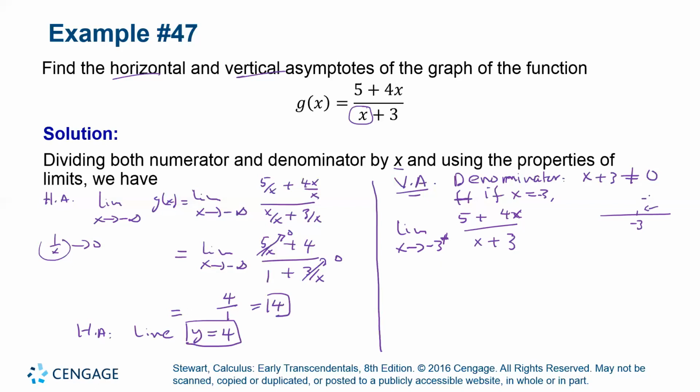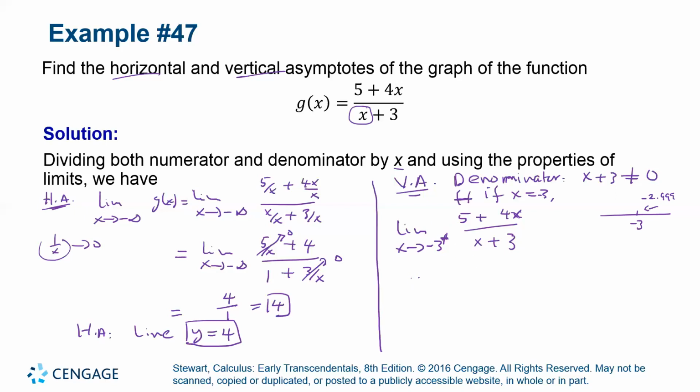I pick a value very close to that, let's say negative 2.999, and substitute it, because I could use a table to do that. Please note that here I don't divide by x. I don't treat it like I did for horizontal, because it is not a limit at infinity.